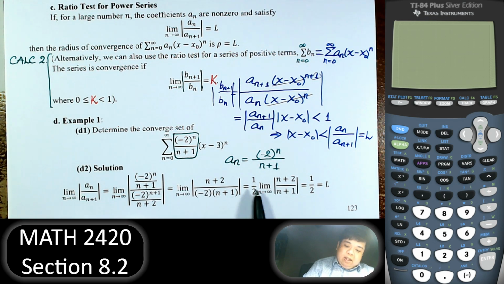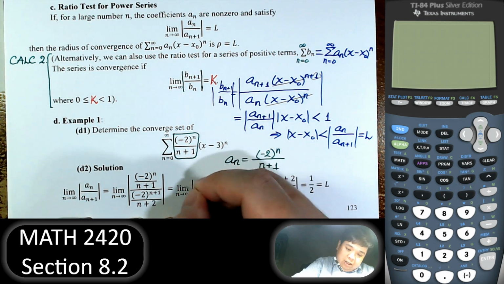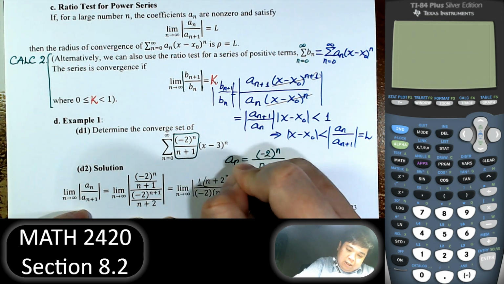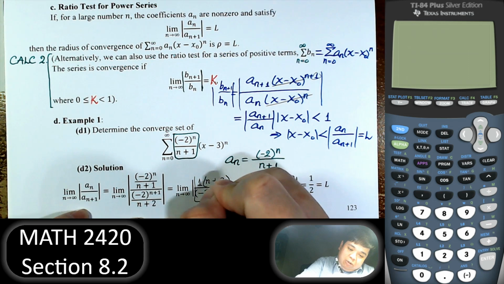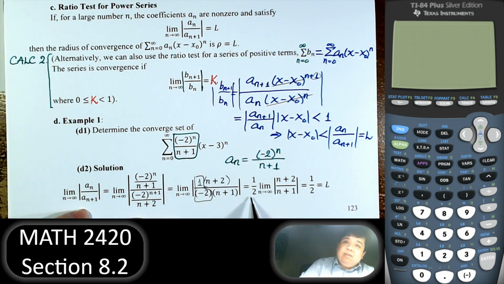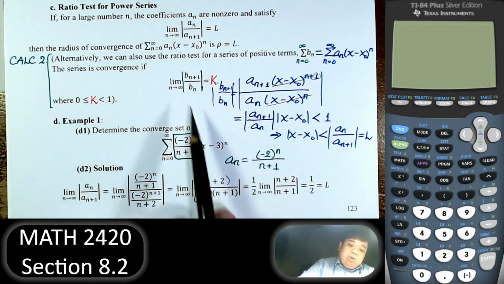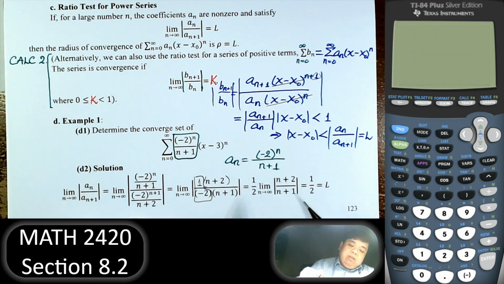And then we're going to split the absolute values: 1/2 or negative 1/2, still 1/2. And then we have n plus 2 over n plus 1. Now as n goes to infinity, both of them go to infinity, and this goes to 1, right?